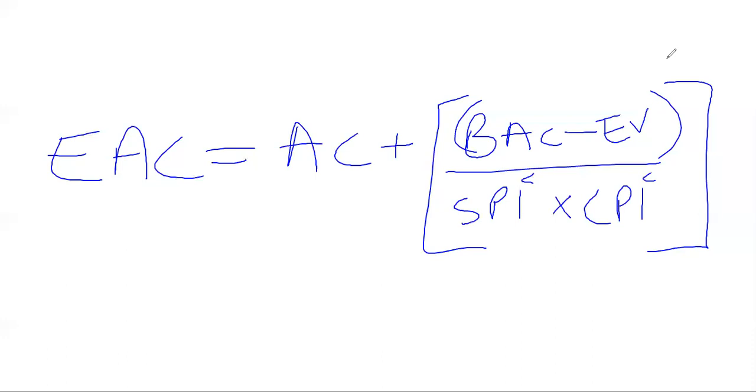While it is not shown like this with the superscripts in the PMBOK guide, I often do this so that students do not forget that this is cumulative CPI and cumulative SPI. If you do not use cumulative values to solve these problems, your answer will be off.